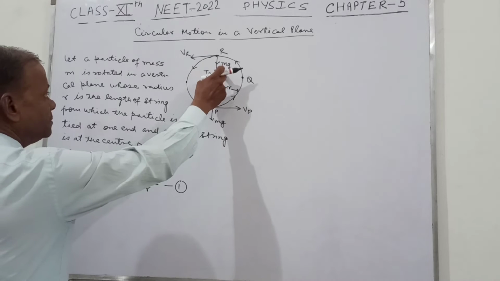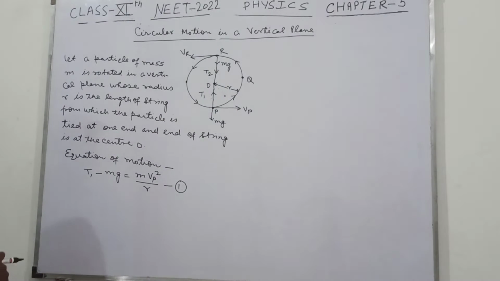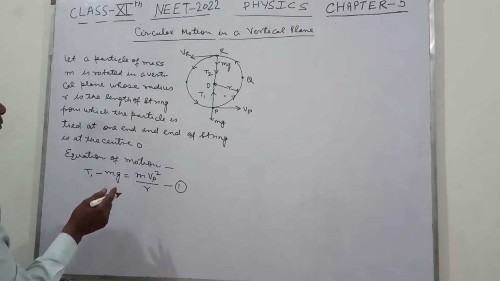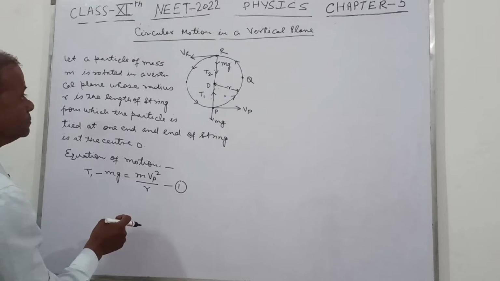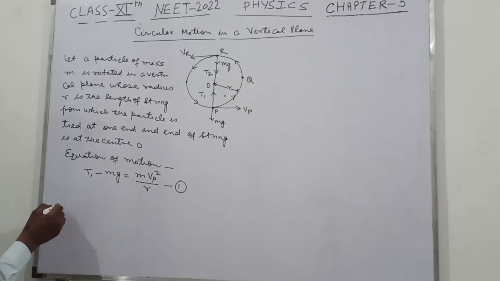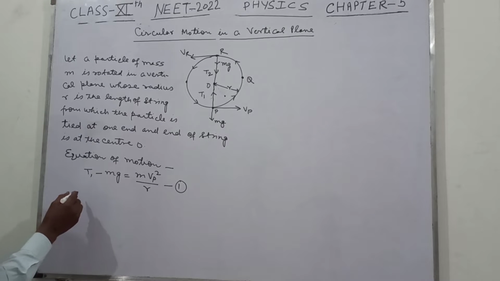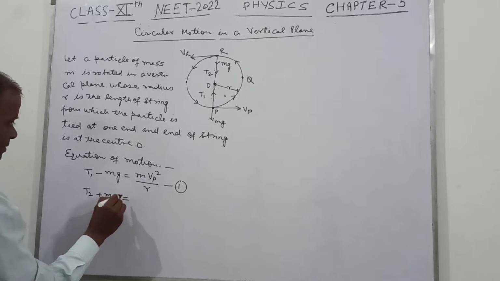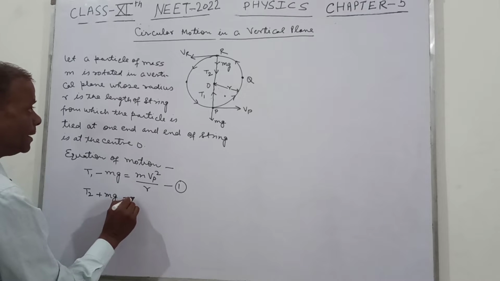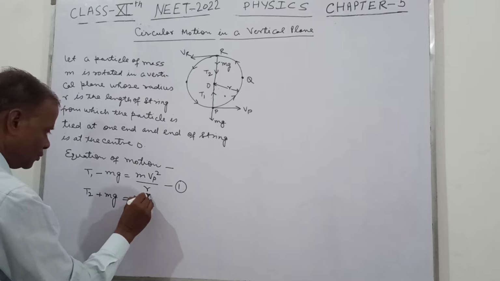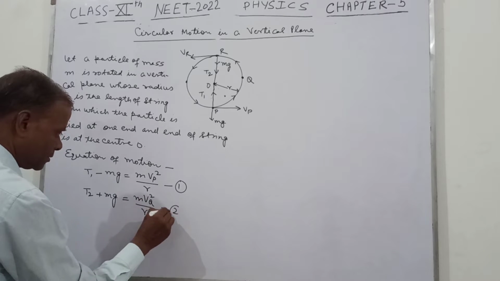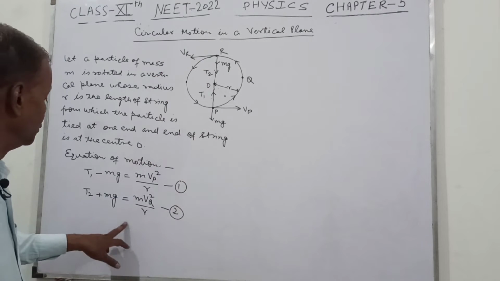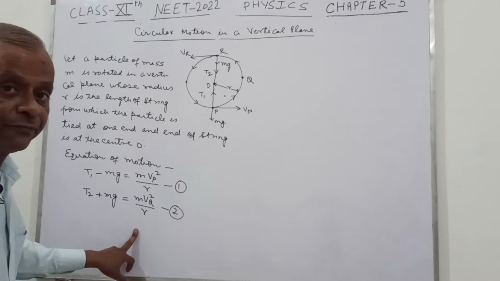And in this direction what we have: T2 plus mg is equal to m vq square upon r, where vp is the velocity at point P and vq the velocity at point Q. So this gives the centripetal force.